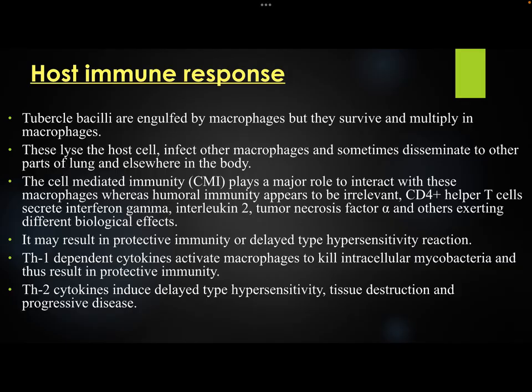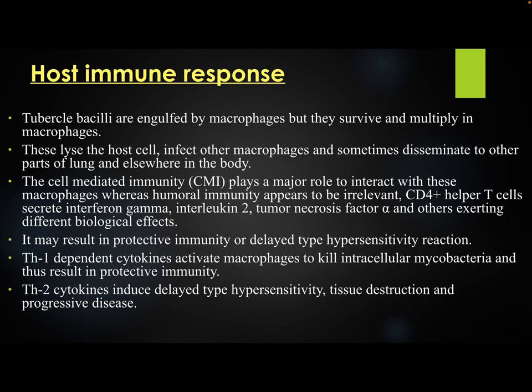What is the host immune response responsible for this kind of infection? Tubercle bacilli are engulfed by macrophages, but they survive and multiply in macrophages. They lyse the host cell, infect other macrophages, and sometimes disseminate to other parts of the lung and elsewhere in the body.